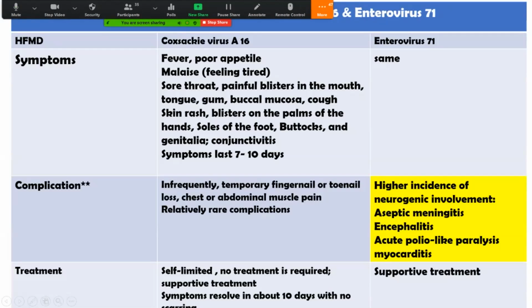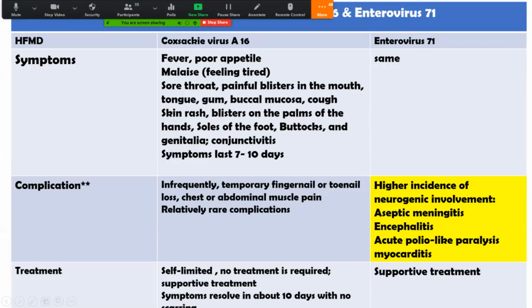But if the pathogen is enterovirus 71, there is a higher incidence of neurologic involvement. Some children may experience a change in consciousness because of complications such as aseptic meningitis, encephalitis, acute polio-like paralysis, or myocarditis.